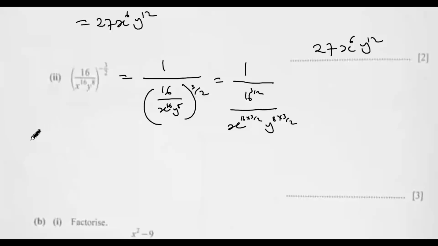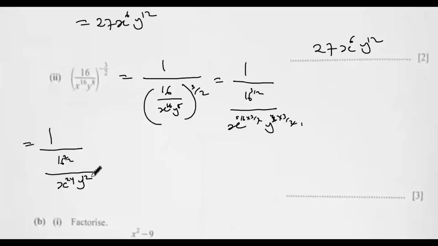So if you do that, that will be equal to 1 over 16 to the power of 3 over 2, then over, we're going to have 2 here, 1, 2 in 16, 8, then 8 times 3, 24. So we have x to the power of 24. Then here, 2 in 2, 1, 2 in 8, we have 4, 4 times 3, 12. We have y to the power of 12.